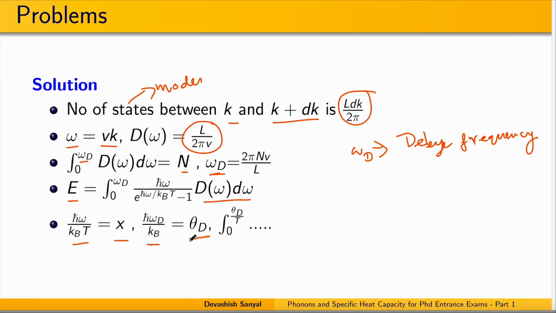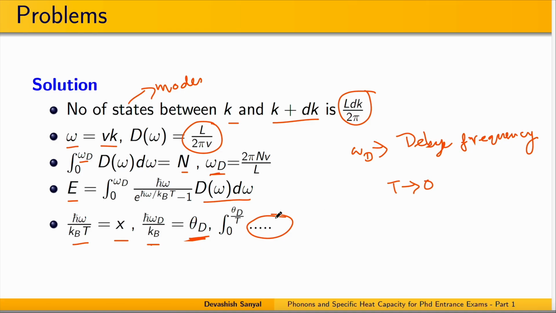We call this ω_D the Debye frequency, and this θ_D the Debye temperature. If you change the variable of integration from ω to x, then the integration limit will be 0 to θ_D by T, and then you have the integrand. This you check.